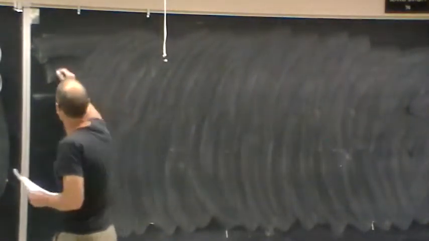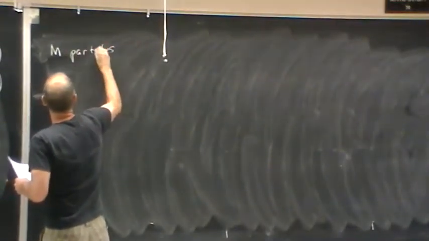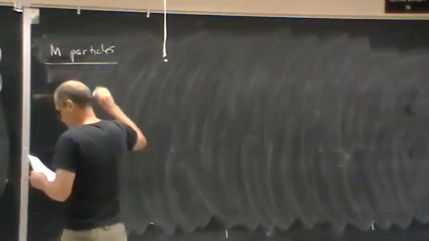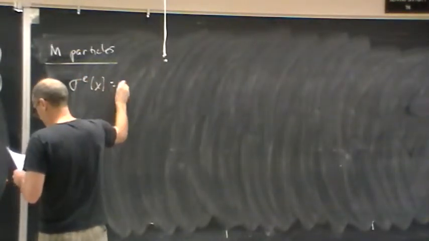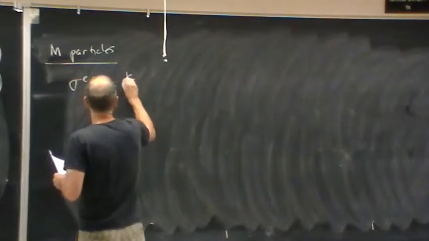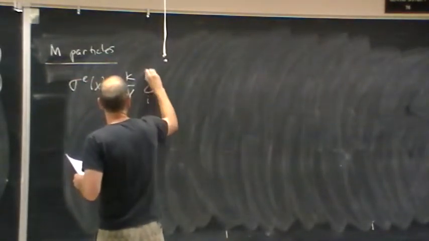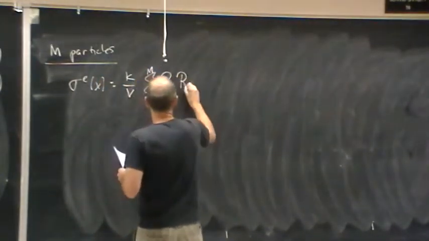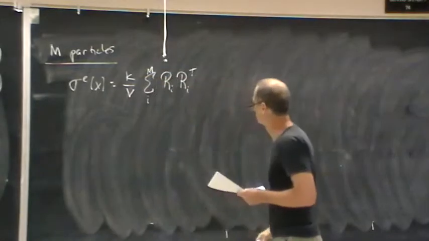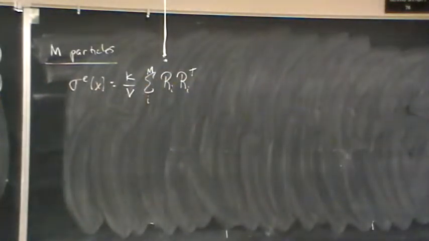Okay, so now if I have m particles in my little volume, then I'm going to have sigma E of x is k over V, a sum over i, m particles, R_i R_i transpose. Now, let me point something out back to the first part of my lecture.